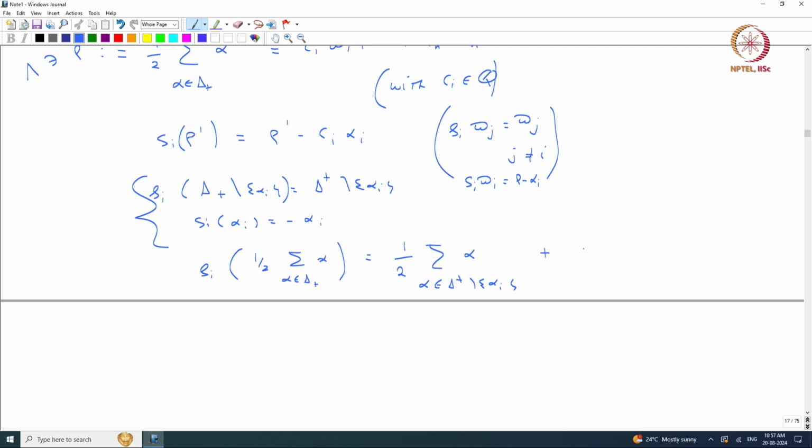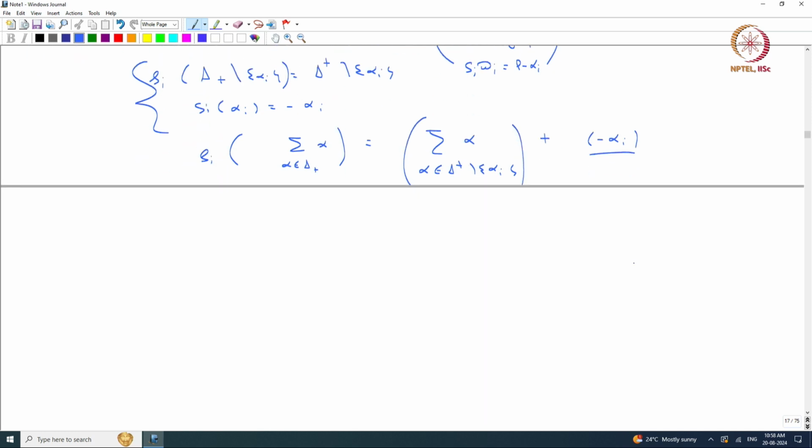Then plus you will have this alpha_i which is mapped to minus alpha_i, so half of minus alpha_i. Okay, this half we should not forget, then only this symmetry will be there. So, this is what you get, because s_i of delta plus minus alpha_i maps bijectively to delta plus minus alpha_i. So, that summation will be preserved, and the only thing that is mapped is alpha_i to minus alpha_i, written here. Now if you use this, then what do you get?